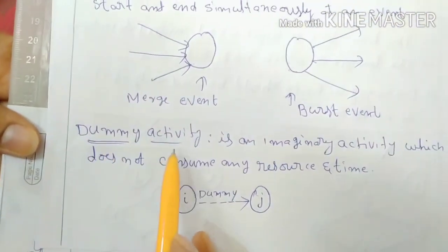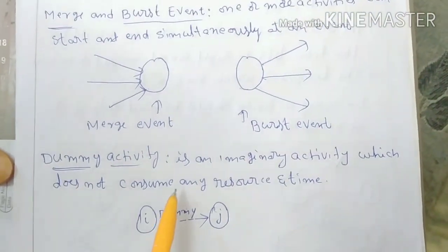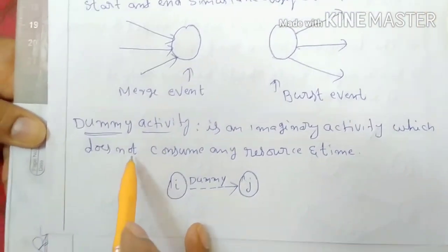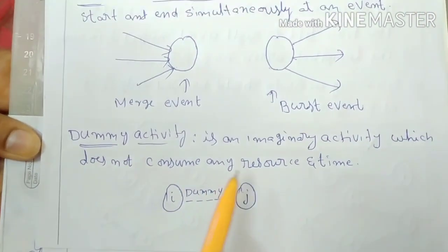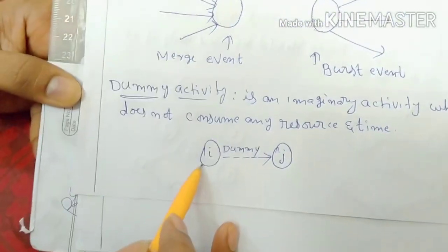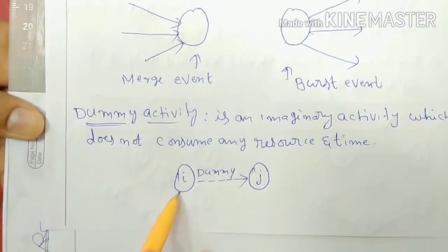Next here, dummy activity. Generally, a dummy activity is an imaginary activity which does not consume any resource or time. That means there is no value for this dummy activity. Whenever it is necessary, we use the dummy activity in the problem.